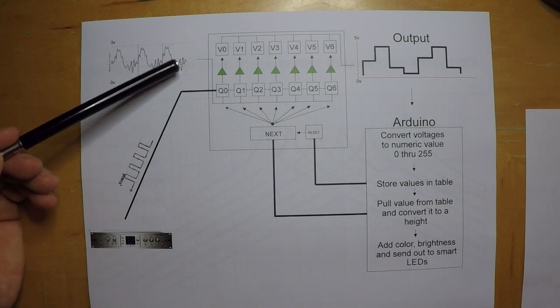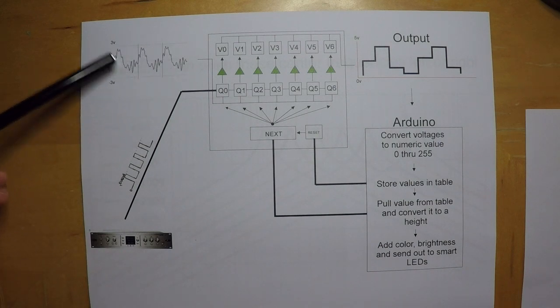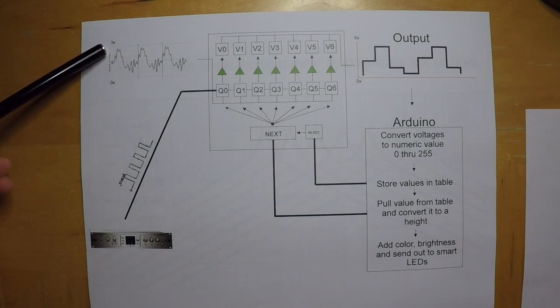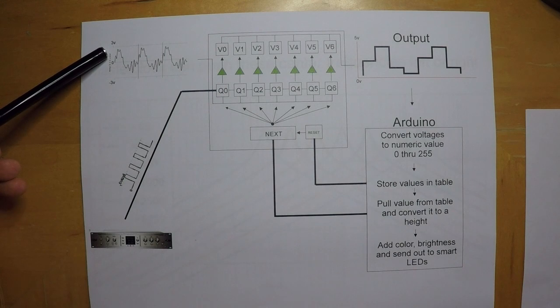Audio is like that. It passes from 0, goes up, comes back down, past 0. So it goes into a positive voltage range and a negative voltage range.